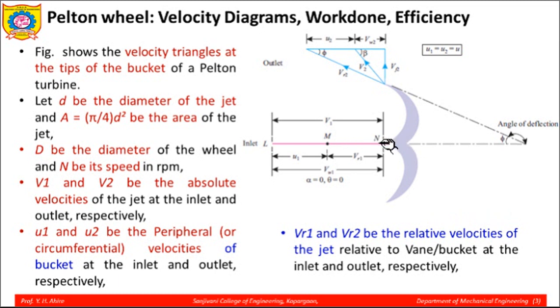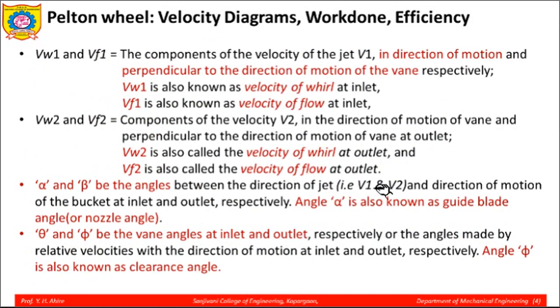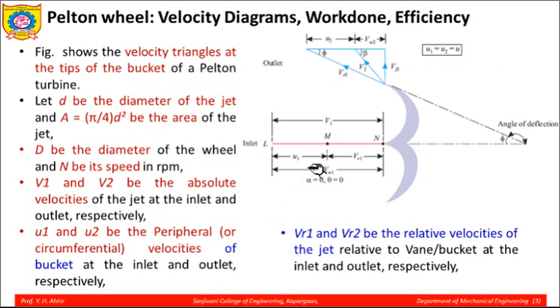That's why the alpha angle is made 0. Also, theta angle is 0. It is the angle corresponding to VR1. So you can see V1 is overlapping with U1 as well as VR1. So logically Vw1 is equal to V1 and Vf1 will be equal to 0.